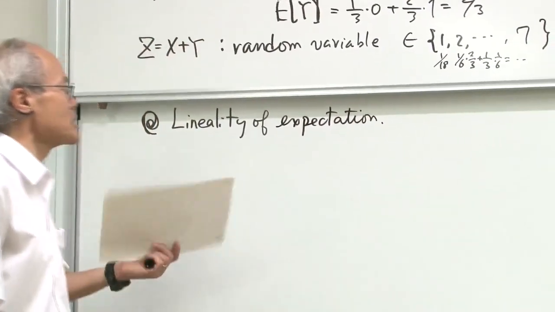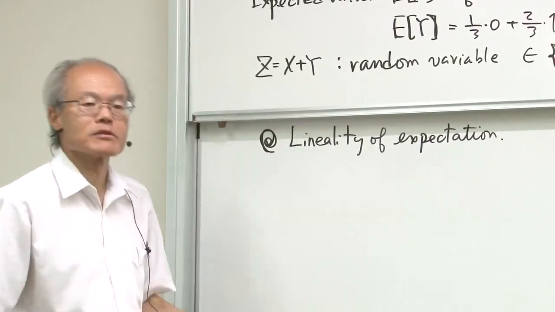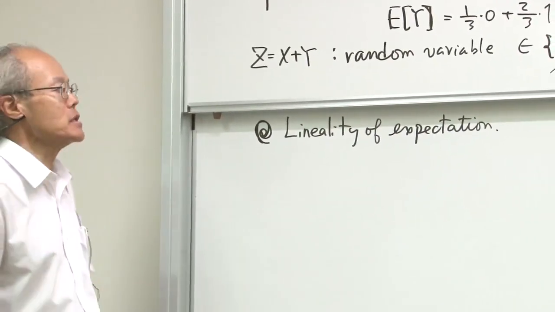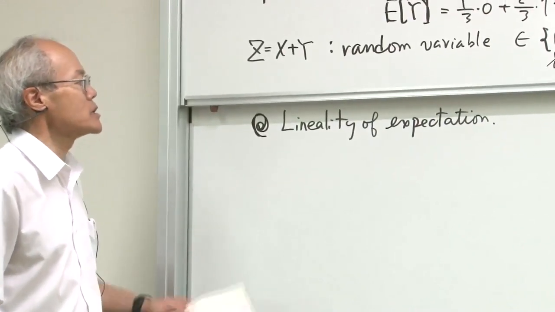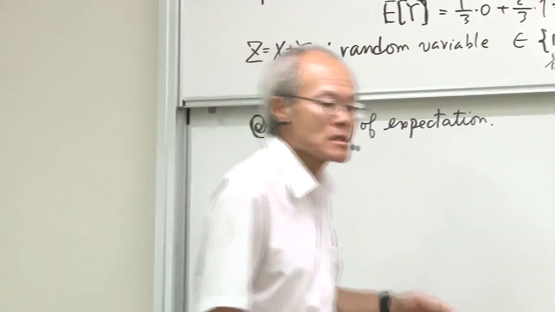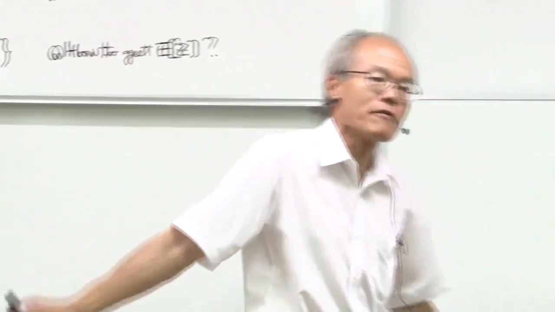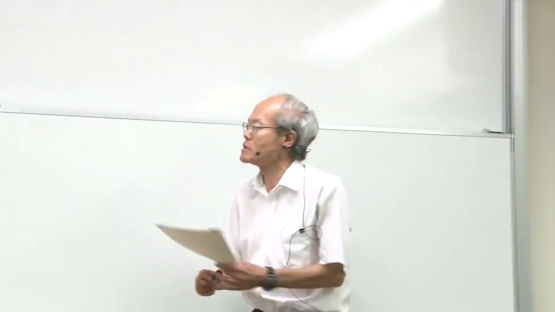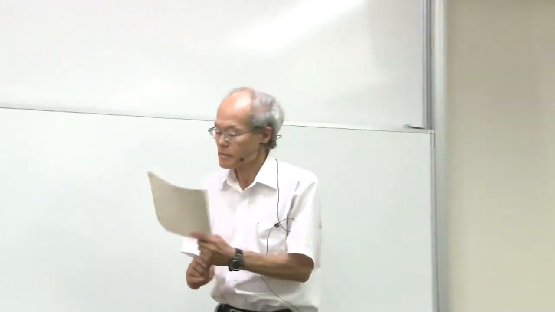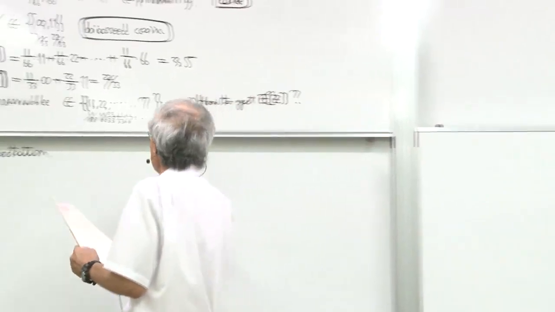So this is one of the most important. I would say this is the most important property of probabilistic analysis. It's the linearity of expectation. This comes in almost everywhere in the probabilistic analysis. So you must know this linearity of expectation, and also you should be able to use this for your analysis.